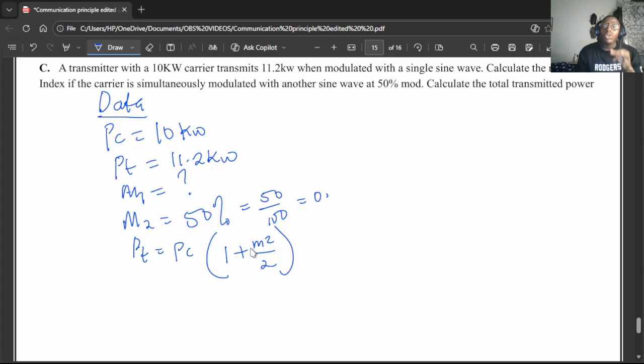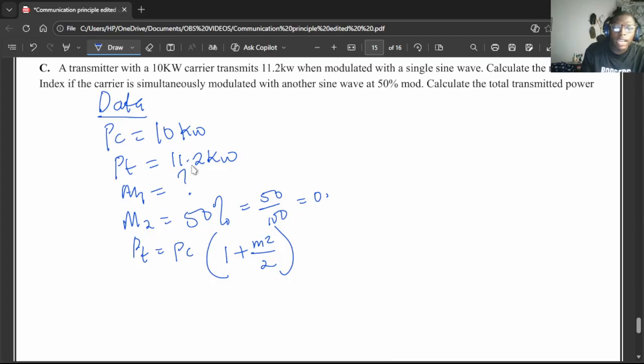We already know your M2, and your M2 is 50%. It is constant. So what do you think we are going to do in this case? Now, from what we have here, we can impute the values and see if we can get M1 here.